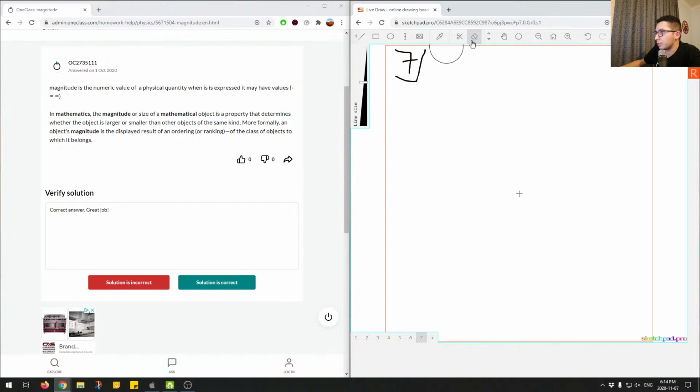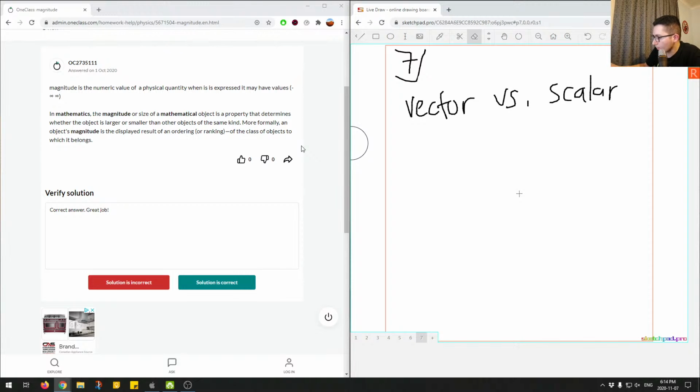The other thing that is important to know about magnitude is the comparison of a vector versus a scalar. So when we're thinking of a vector, it's something that has magnitude and direction.